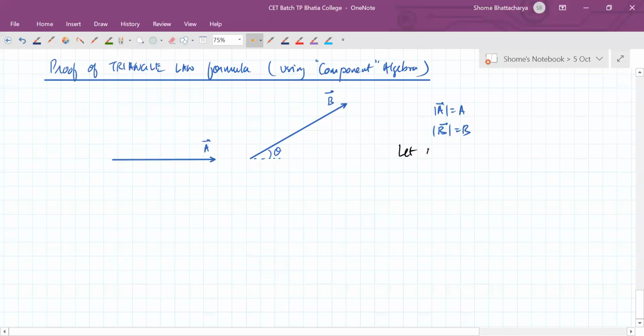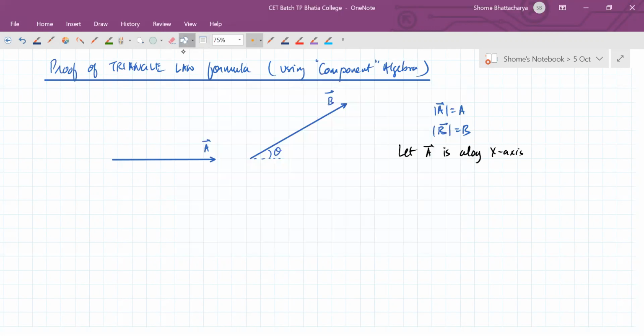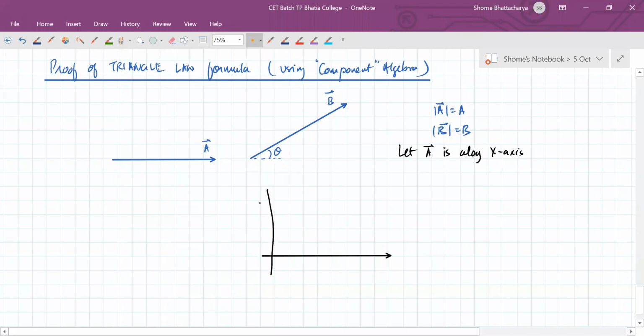Okay. So now the first step you can do is suppose we assume vector A is along the x axis. So that means my x axis has to be defined in the same direction as vector A. So this is my x axis and therefore this will become my y-axis. Just a moment.